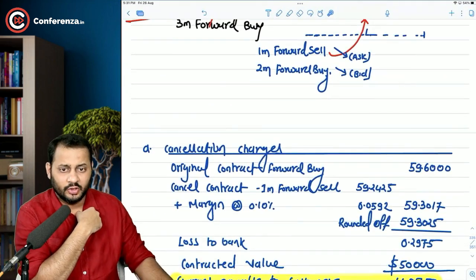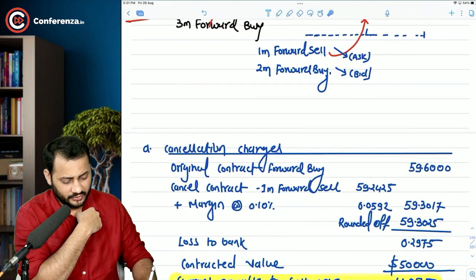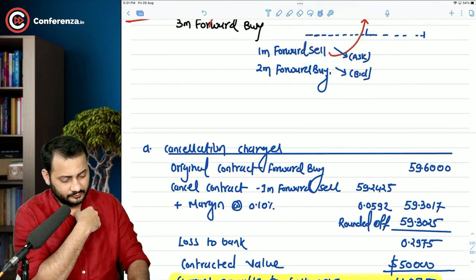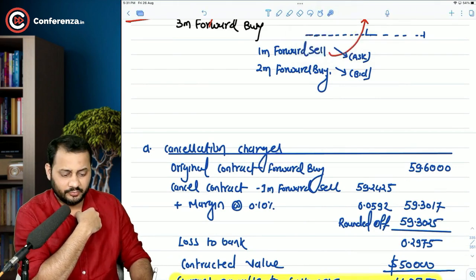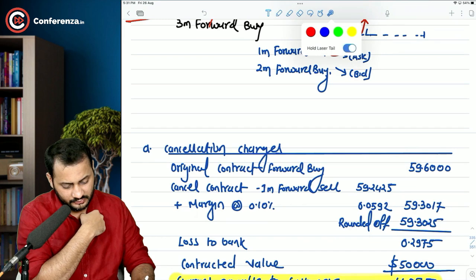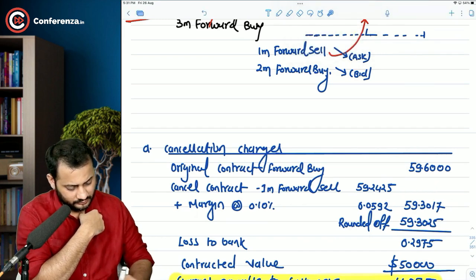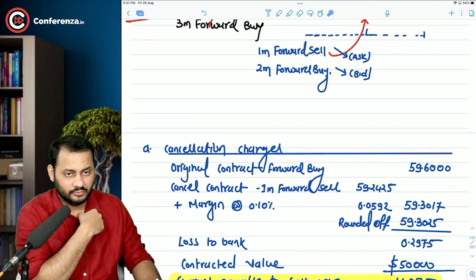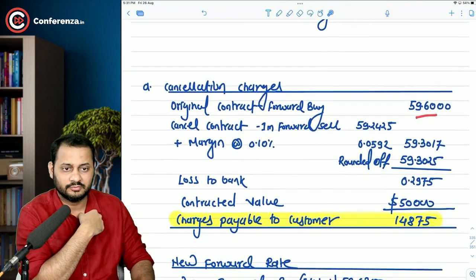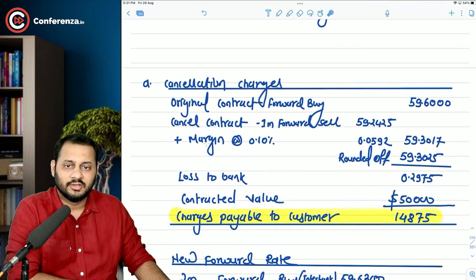Come to this point. Original contract was forward by 59.6. Oh, that's a wonderful feature. That's good.